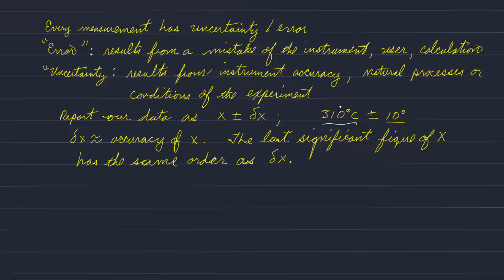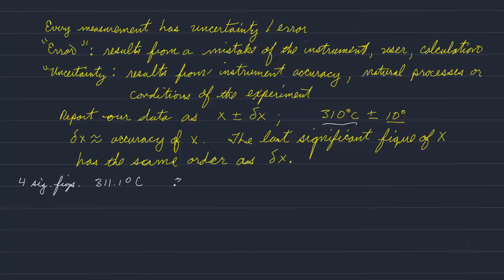Now, just to remind you, let's go over some significant figures. Let's look at the number 311.1 degrees C, for example. And that has 4 significant figures, of course.